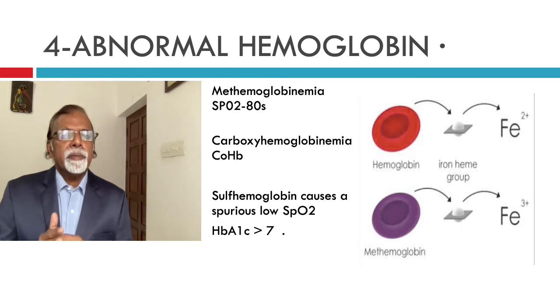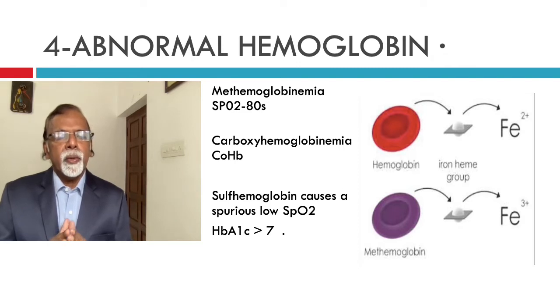Sulfhemoglobin on the other hand gives low values of SpO2. When the hemoglobin A1C is more than 7, it may also give an overestimation of SpO2, but it is not of much significance.